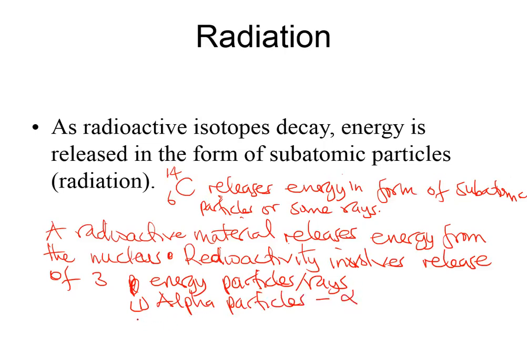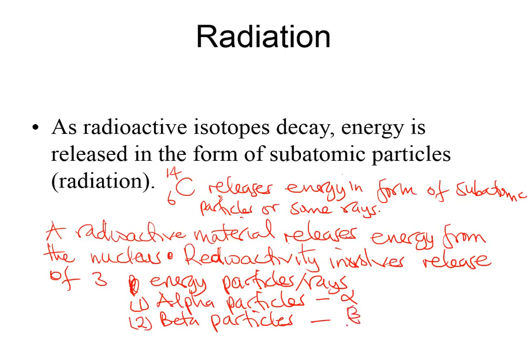If a substance is releasing alpha particles, that substance is releasing radiation. The other particle that it releases is known as beta particles.